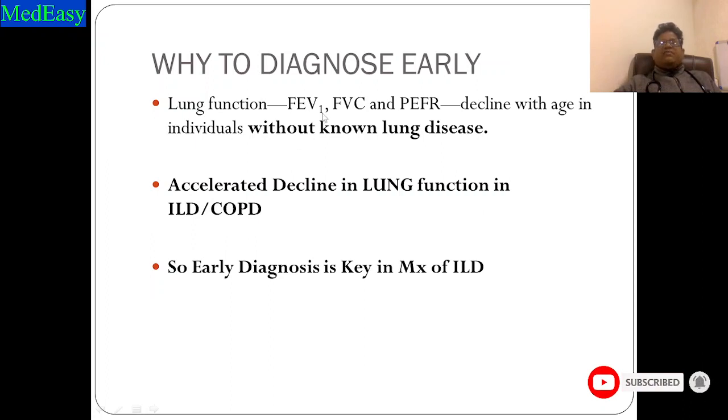FEV1 is a very important parameter for assessing lung health. So we have to diagnose ILD very early to save the lung, improve lung function, and allow proper management of interstitial lung disease.